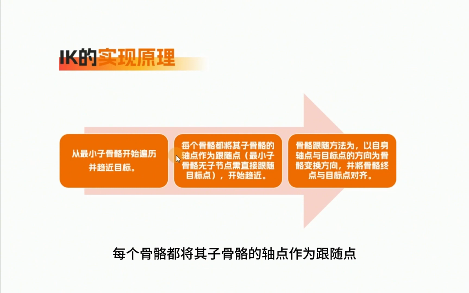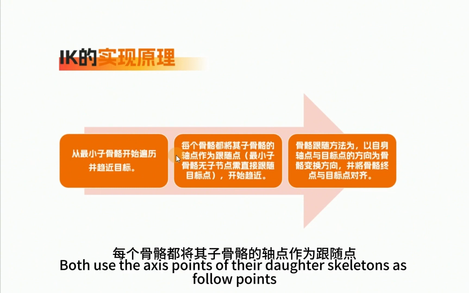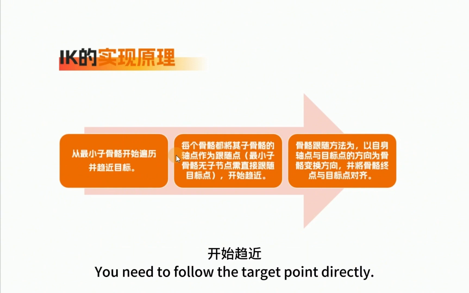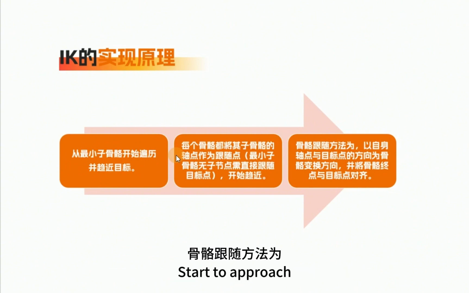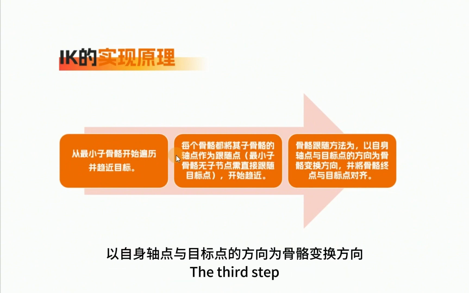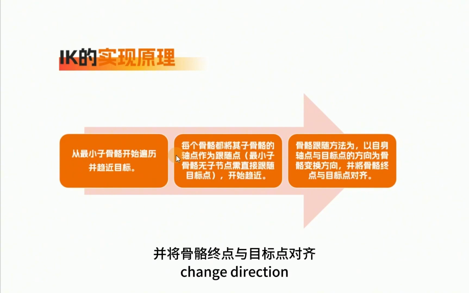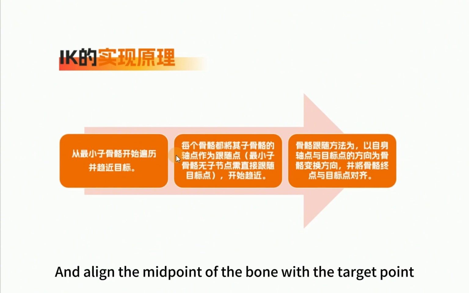Second step: every bone uses the axis point of its child skeleton as the follow point. The smallest skeleton, without a child node, needs to follow the target point directly. Third step: the skeleton follows. The method is to take the direction of its own axis point and the target point as the bone's direction, change the direction, and align the end of the bone with the target point.